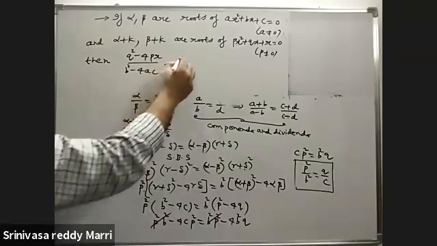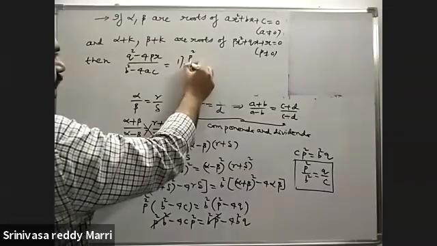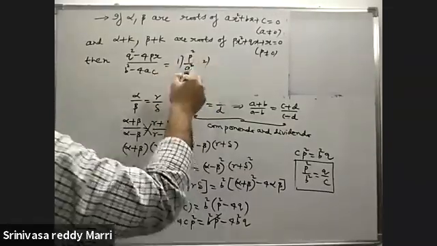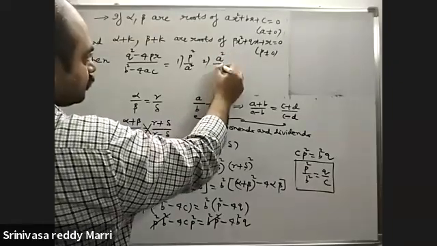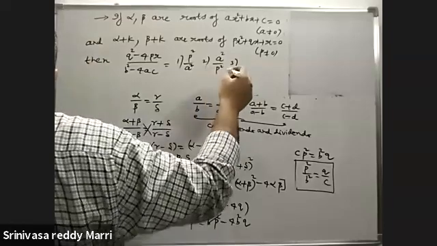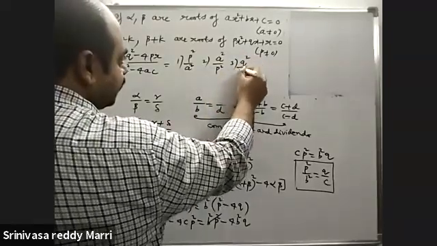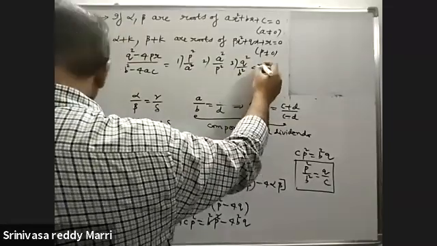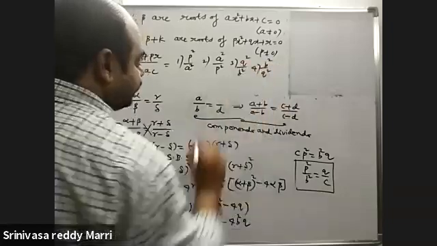Look at the options: first, p square by a square. Second option, third option, q square by b square. Fourth option, b square divided by q square.